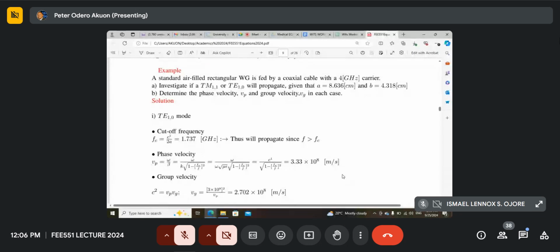Okay. So you need to calculate the phase velocity for TM11. Check if you will get 12.5. I'm not sure. 12.5 times 10 raised to 8 meters per second.